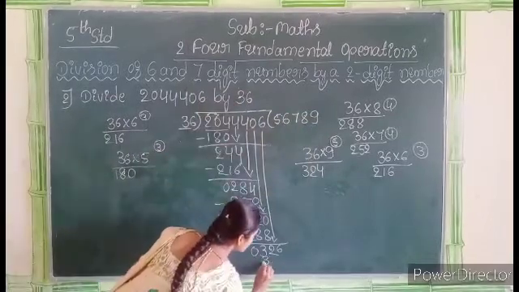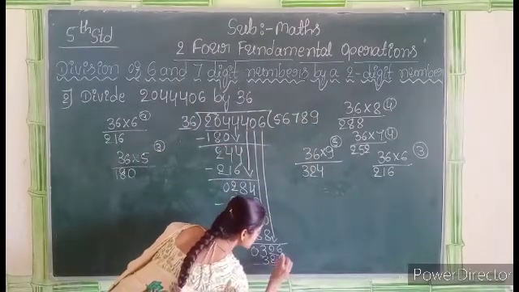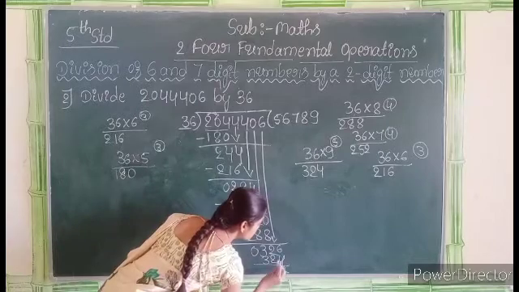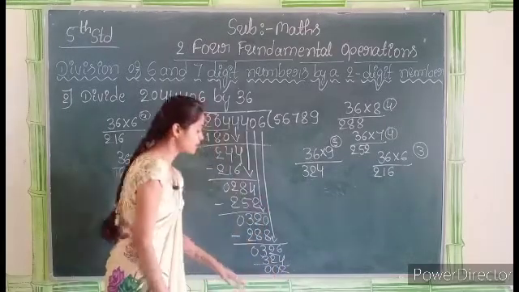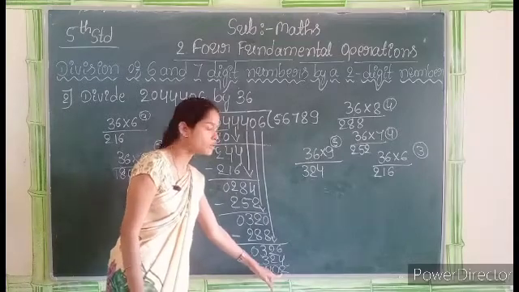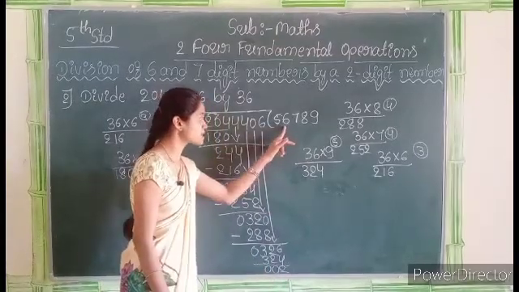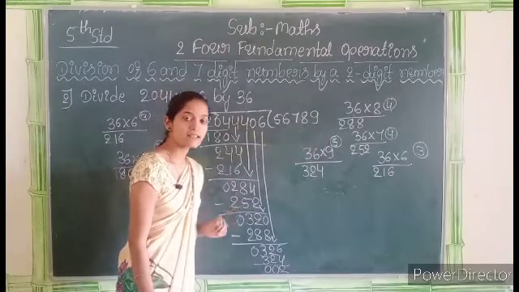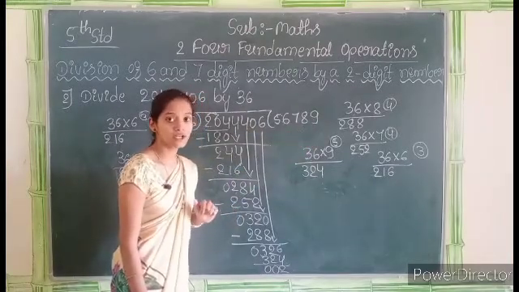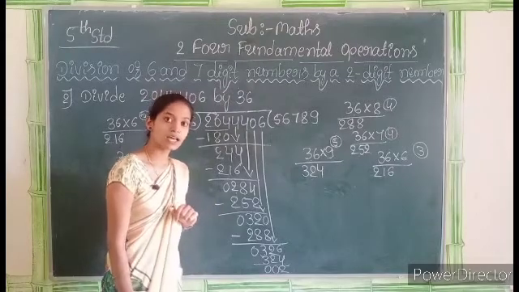Then 324. 6 minus 4, 2, then 2 minus 2, 0, 3 minus 3, 0. We get remainder as 2 and quotient as 56,789. Like this, we can divide a 7-digit number by a 2-digit number.